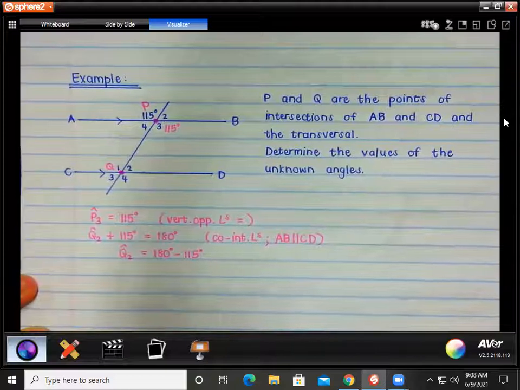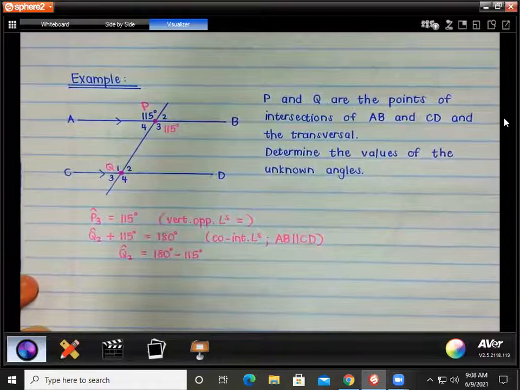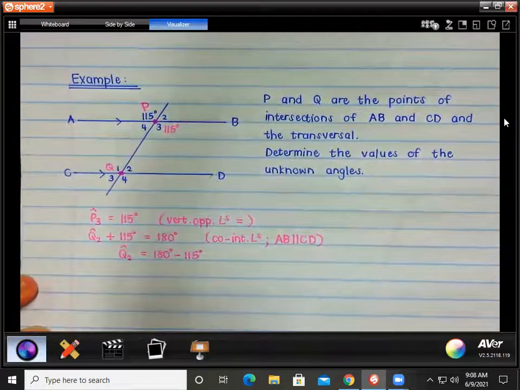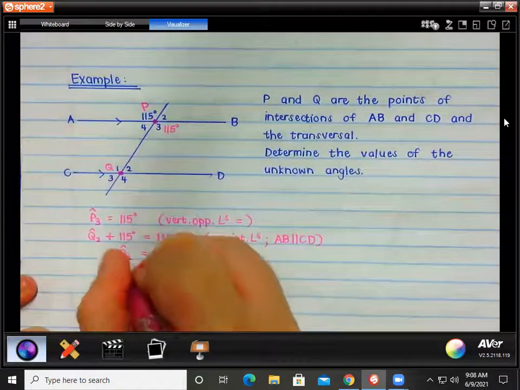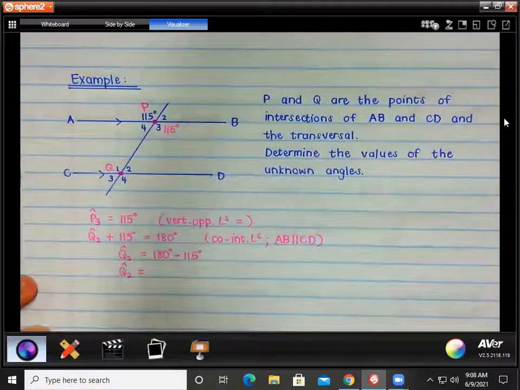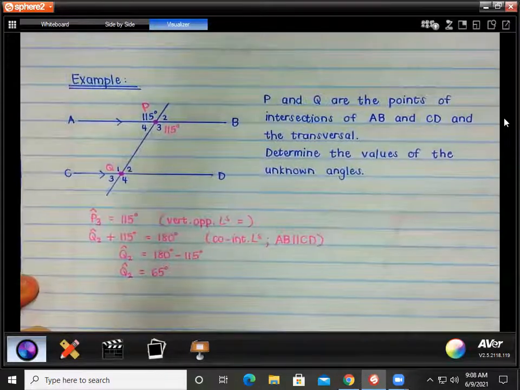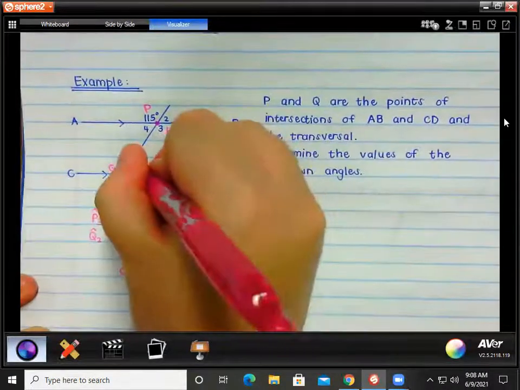Sometimes it's easy to just see what the value would be, then you can just write the answer. Now what is 180 minus 115? 65, so Q2 is 65 degrees. Good, let's fill that one in.